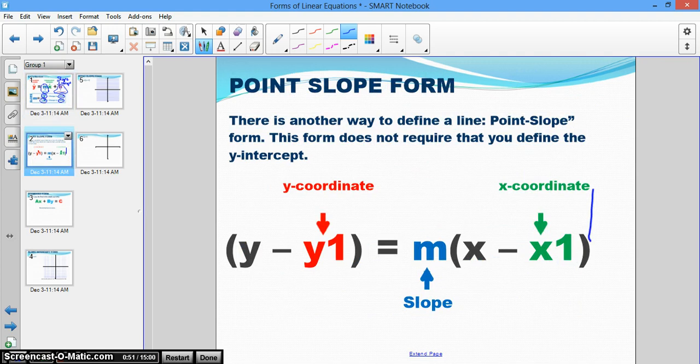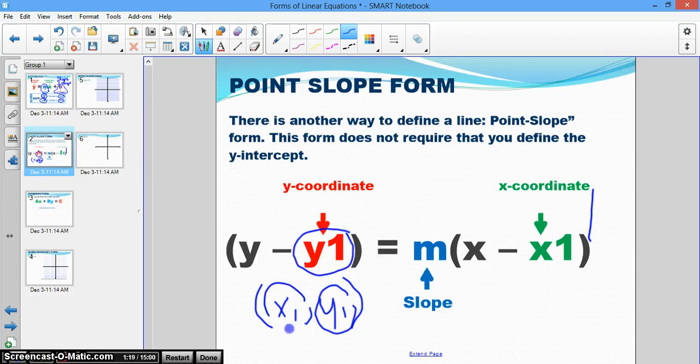The second form of equations is point-slope form. The most important thing about this equation is that it has an xy coordinate given and the slope. The y coordinate is shown in the equation with y1.